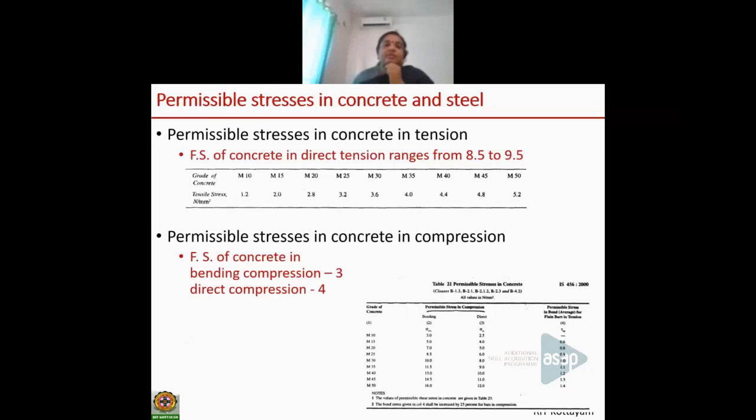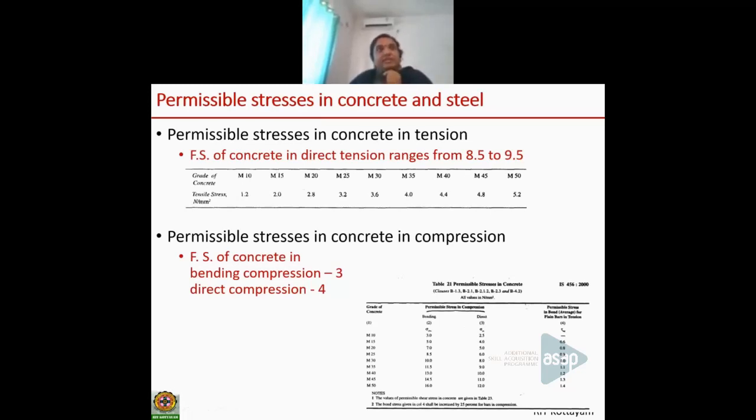Now, coming to the permissible stresses in concrete and steel. The permissible stress in concrete in tension is given again in Appendix B. There is no table number given for this one. Here the permissible stress in tension is given as a fraction of the compressive strength.